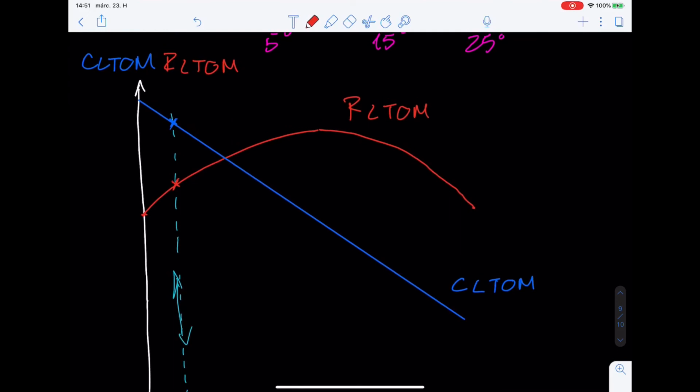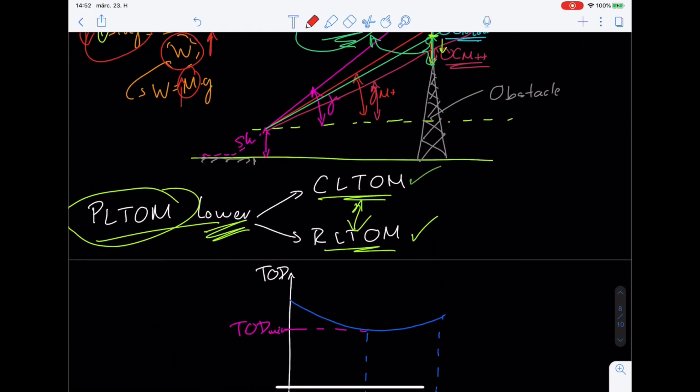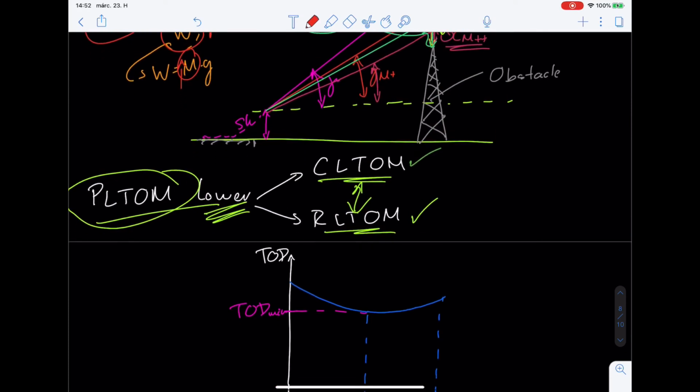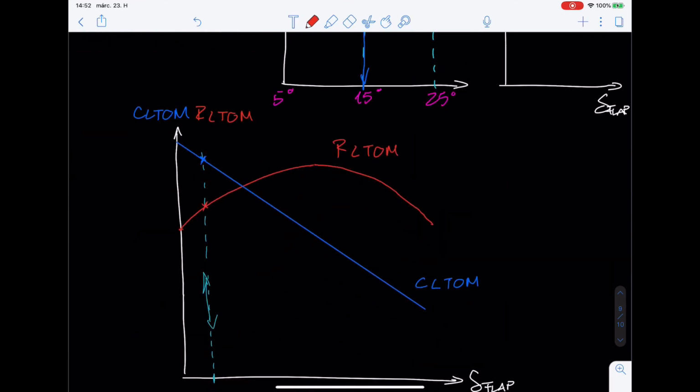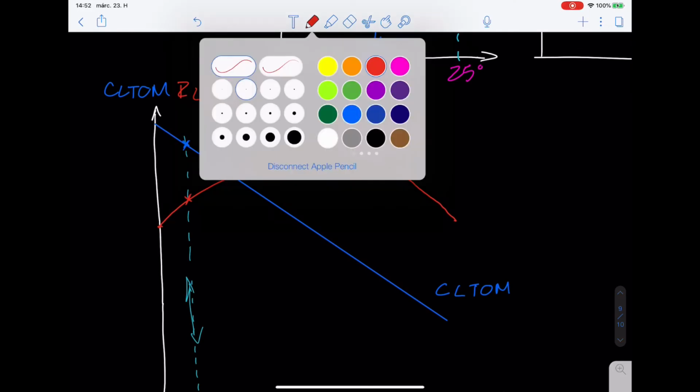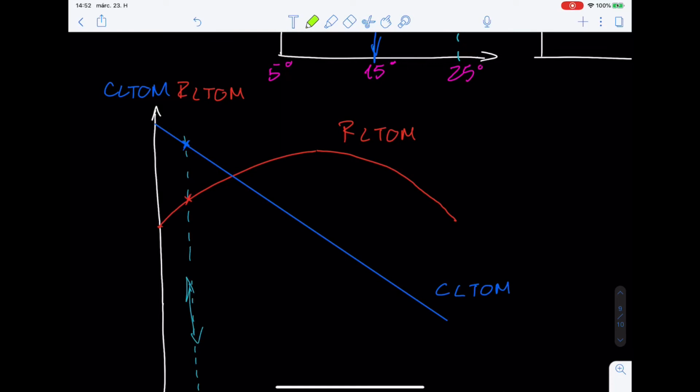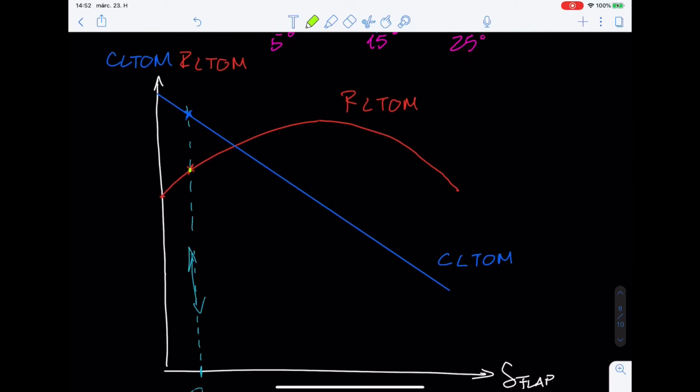Which one is going to be the final limitation? We said that by definition the performance limited takeoff mass is the lower of the climb limited takeoff mass and the runway limited takeoff mass. So at this point, it's the lower, therefore the runway limited takeoff mass.